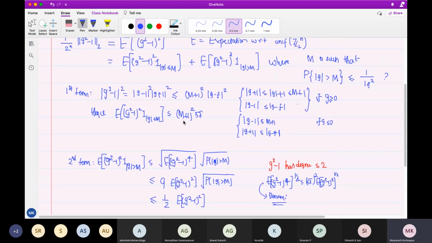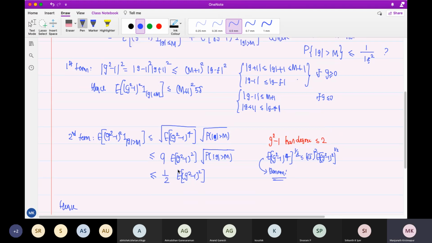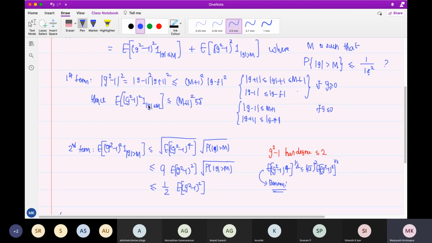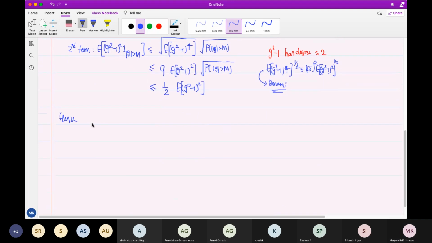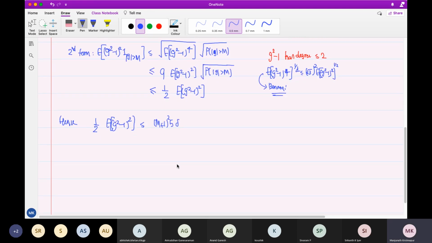Okay, so first term is bounded by this, second term is bounded by this. Now transfer this here. So this is actually what is on the left side, right? This is actually expectation of (g square minus 1) the whole square. This to transfer to the other side, we get 1/2 is bounded by this term, (M plus 1) squared into phi delta.